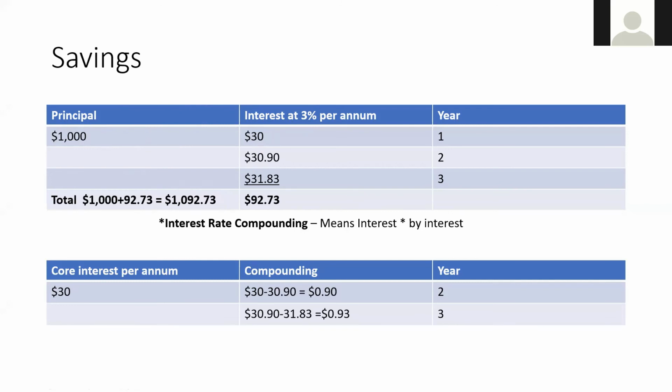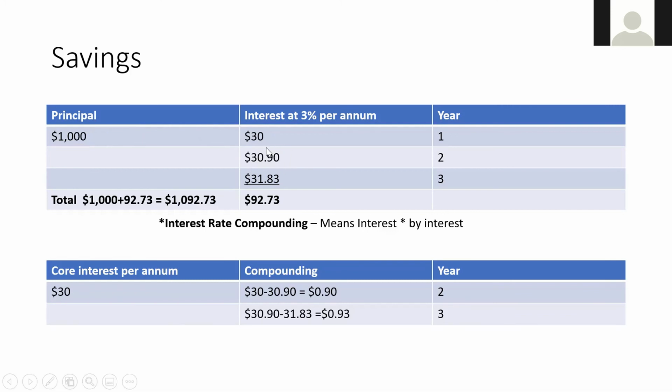That's if you had just done 3% individually. But because of the idea of compounding, when we do 3% the first time, we get 30. We add this 30 to the 1,000, and then it will be 3% of 1,030, and that gives us 30.90.